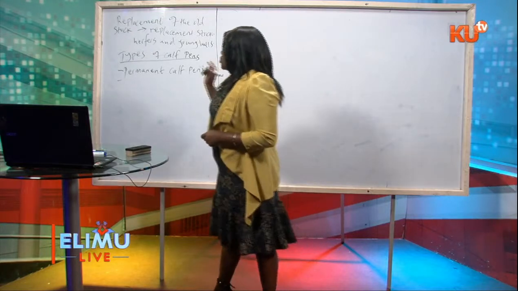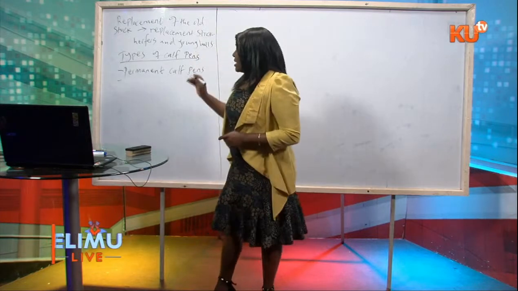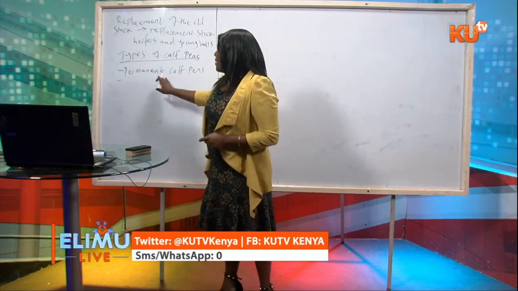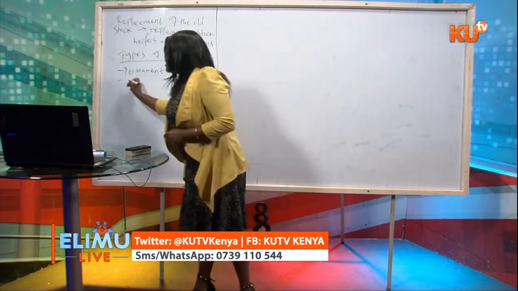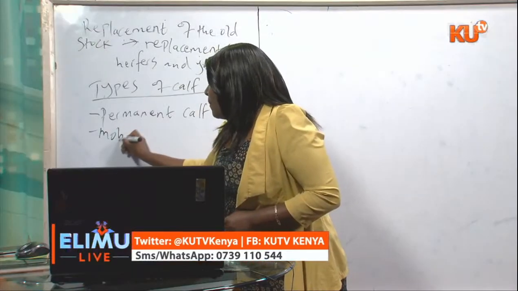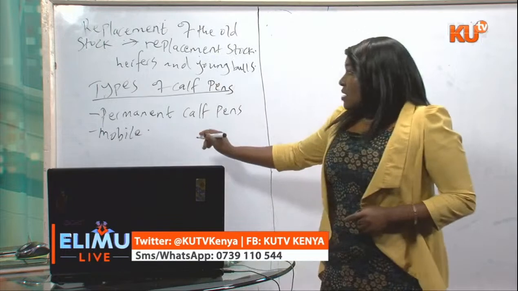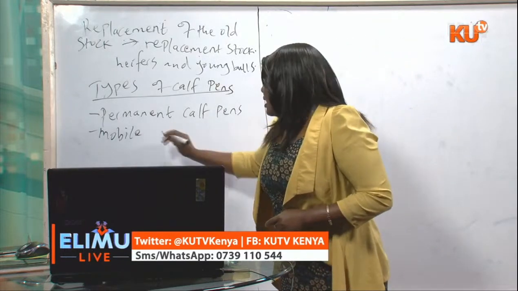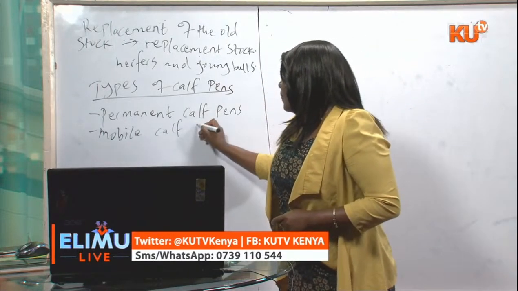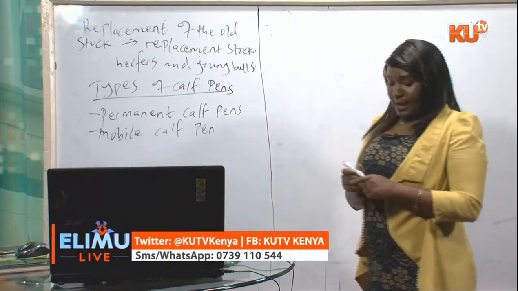So that is what a calf pen is. So we are saying we have two types of calf pens, the permanent one, and we have the mobile one. So you can construct a mobile calf pen or a permanent calf pen.